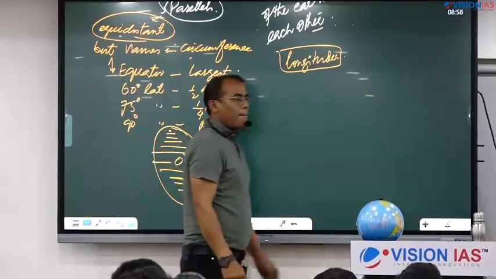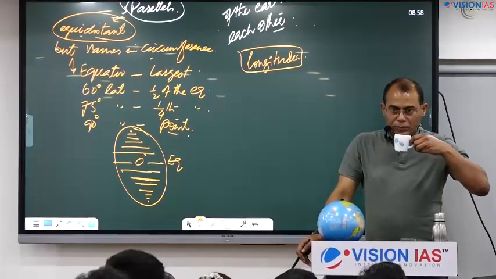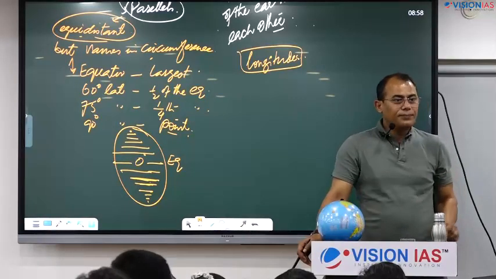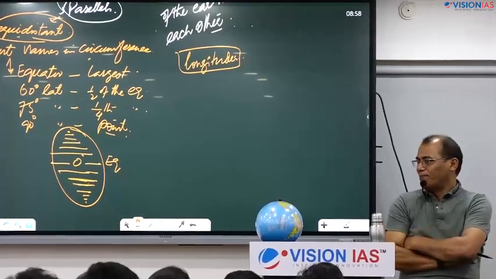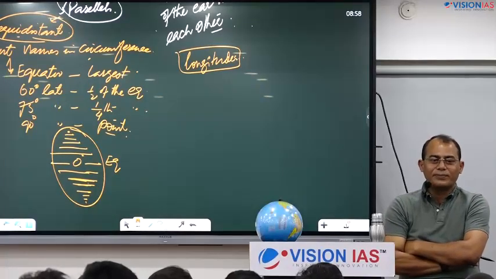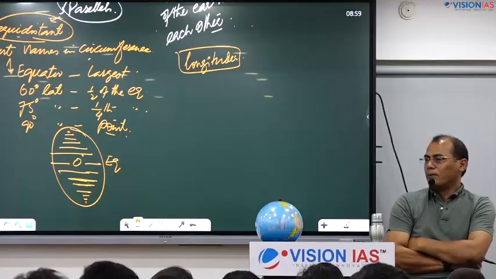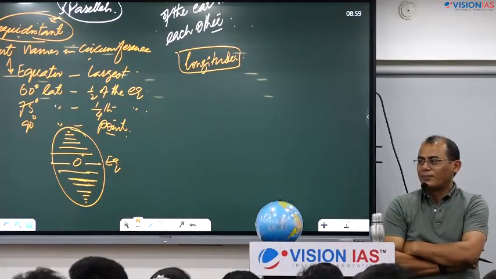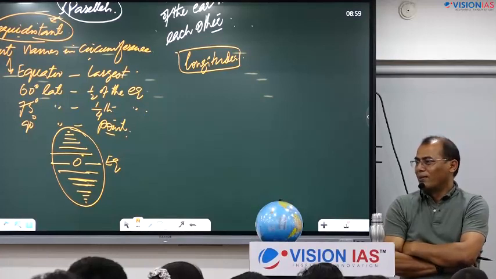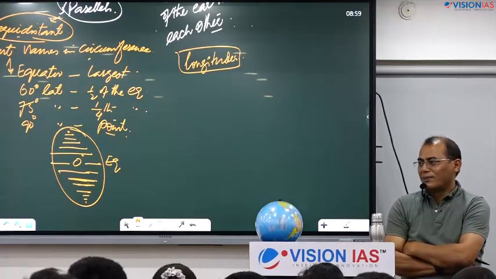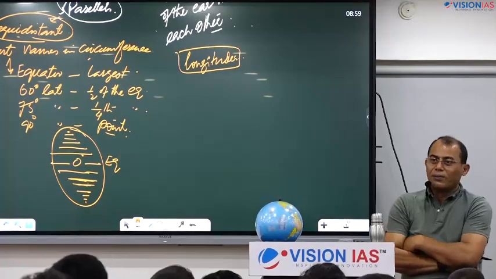How many latitudes are there? How many latitudes are there on the Earth? 181.